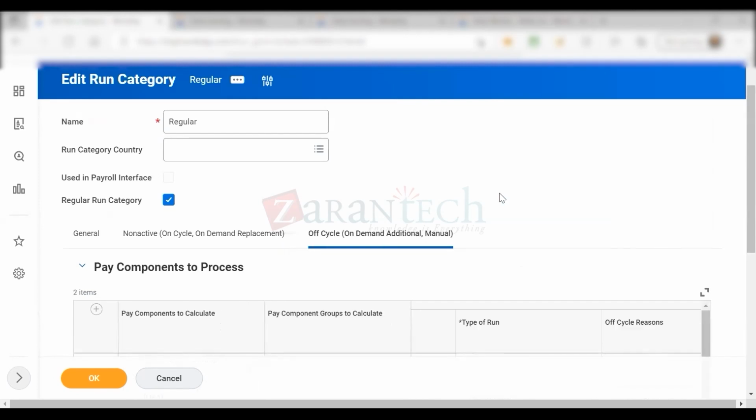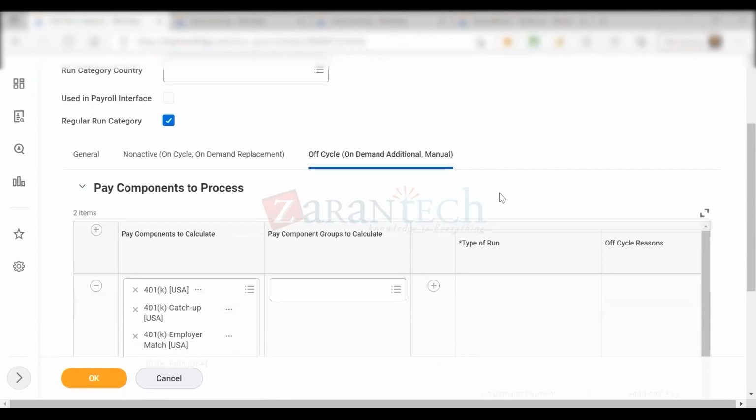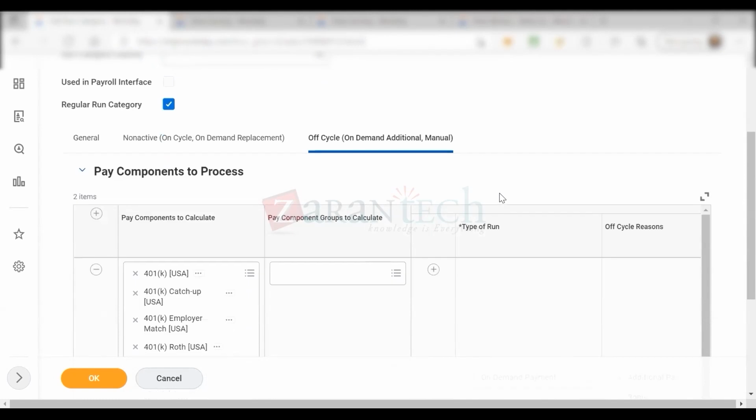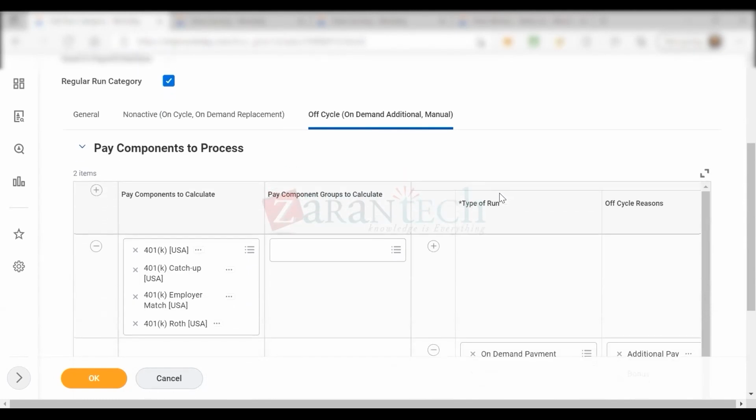Now, last but not the least, off cycles. When we are processing off cycles, again, it's kind of annoying, but we need to tell the system through run category what pay component or what pay component group I want to calculate on my off cycle payments.